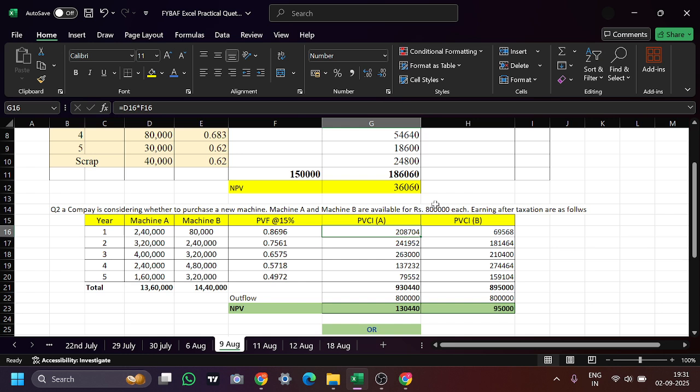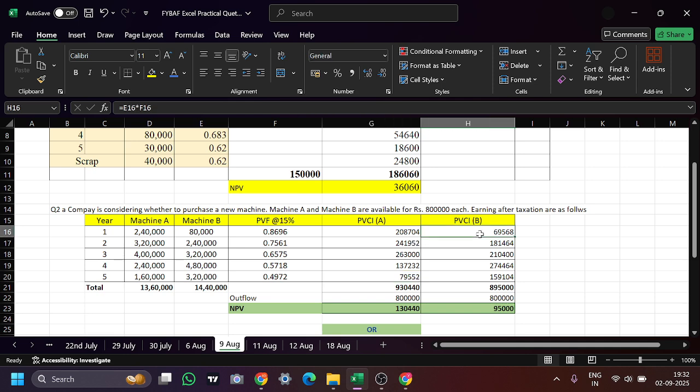So we have multiplied these two and we have taken the total over here. Done. We have multiplied both, like this value 2,40,000 and 0.8696, and with this we have got the value over here, and again you need to drag and you will get all the values.